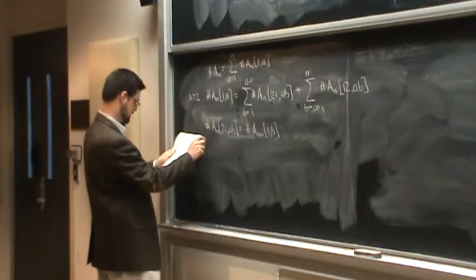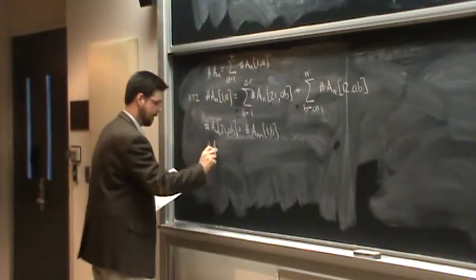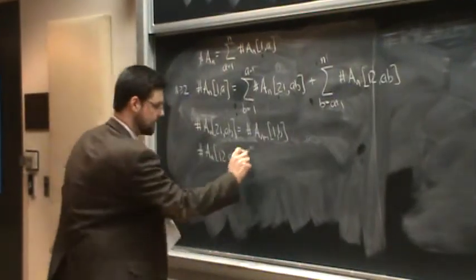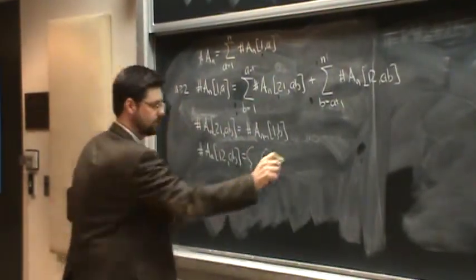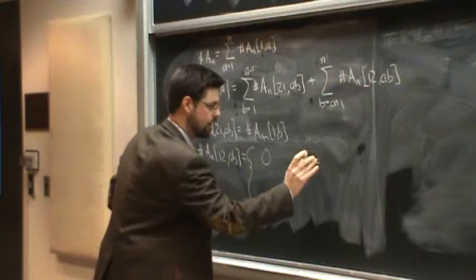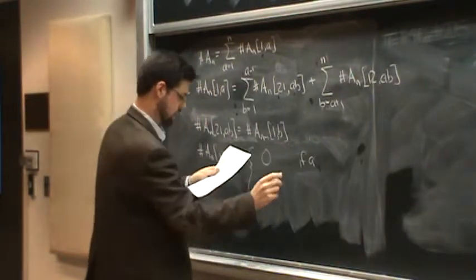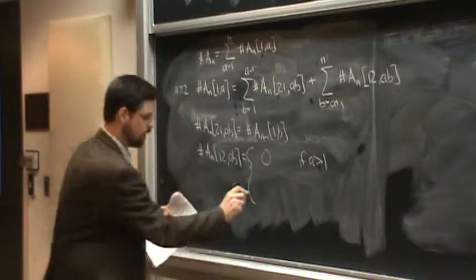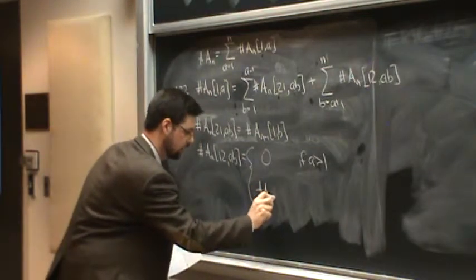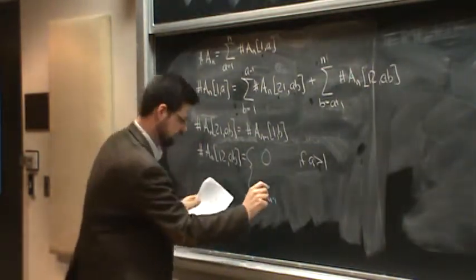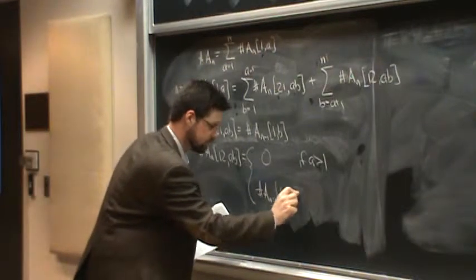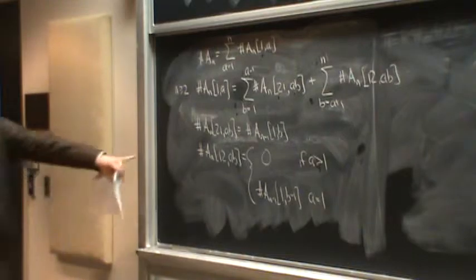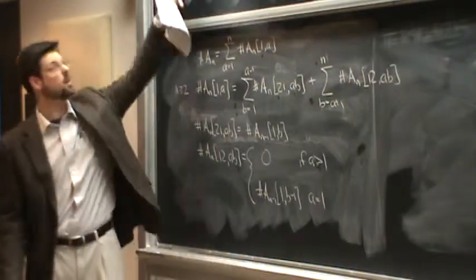And this is going to end up being either 0 if A is greater than 1, or if A is equal to 1, we use our bijection that we talked about up here.